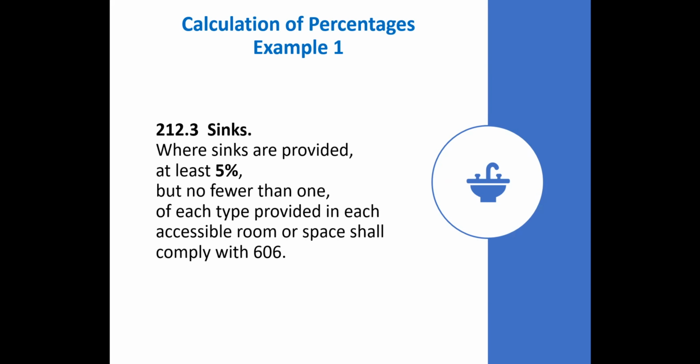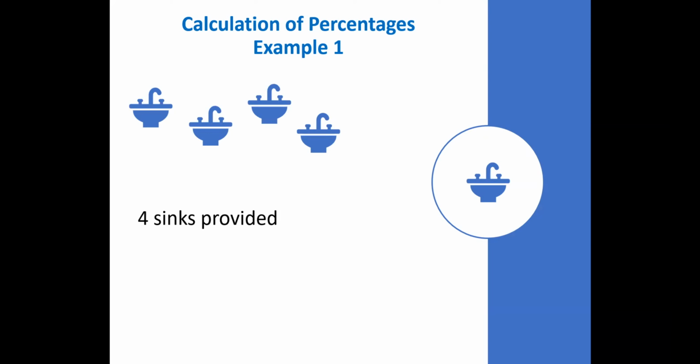We are using section 212.3 on sinks, and it states: where sinks are provided, at least 5%, but no fewer than one of each type provided in each accessible room or space shall comply with 606, and that's the technical section for sinks. So in this example, we will say that 4 sinks are provided. 5% are required to be accessible, so we multiply 4 sinks by 5%.